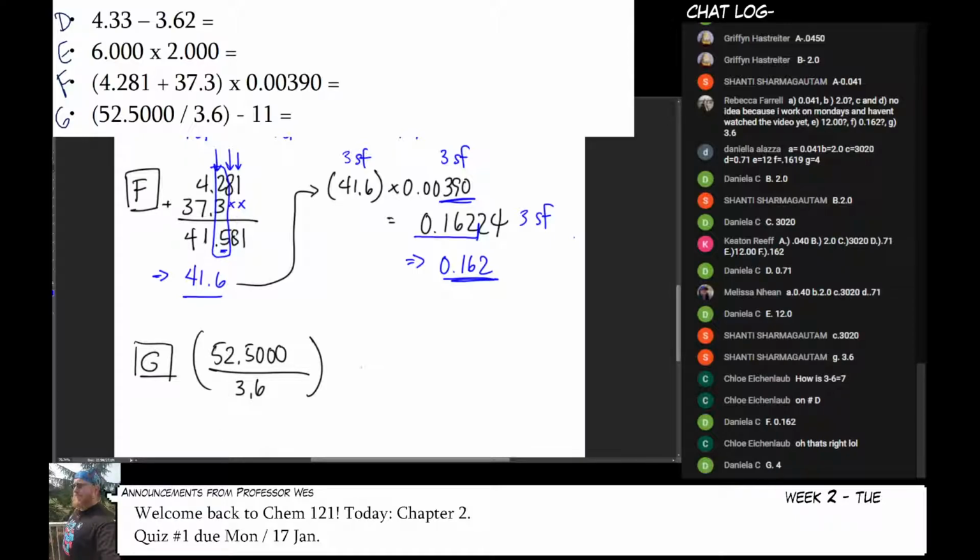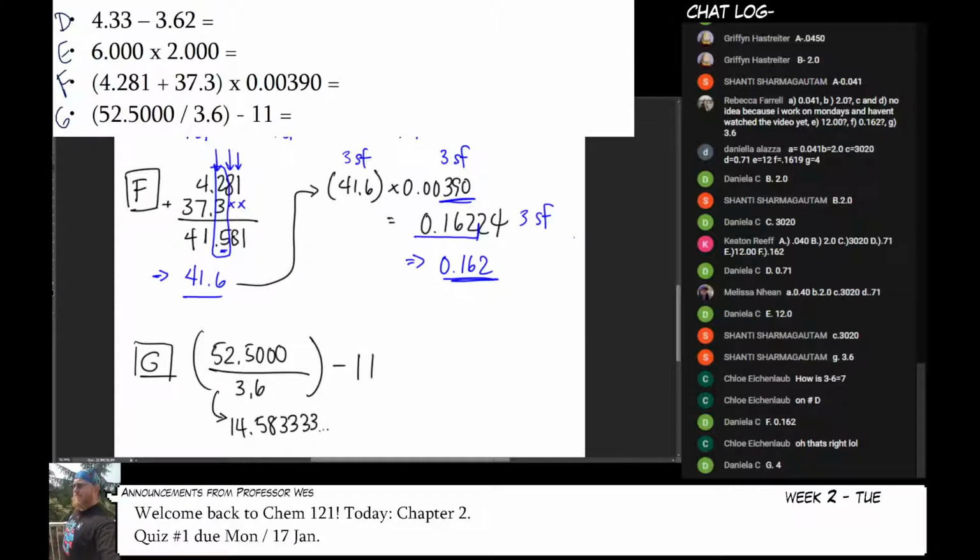All right, so here's our problem. I'm going to do the division first. And when I punch this in the calculator, 52.5000 divided by 3.6, I get 14.583333 forever. How many significant figures should I report?